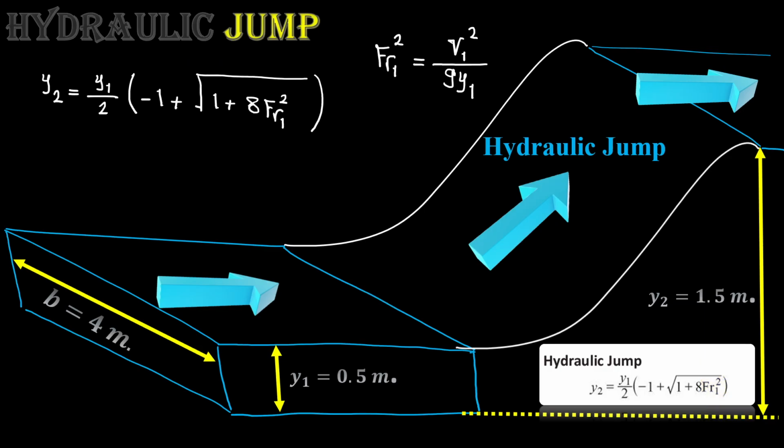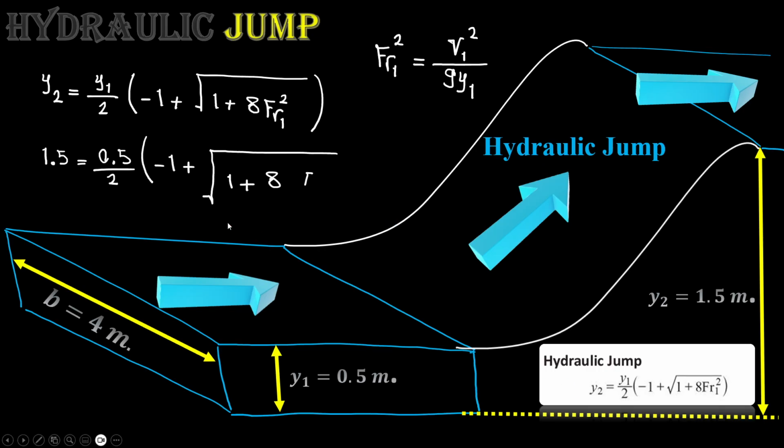So if we jot down our equation again and replace the variables with the numeric values: y2, the height after the jump, is equal to 1.5 meters, and y1 before the jump is half a meter, divided by 2 based on the formula, in parentheses minus 1 plus the square root of, replacing the Froude number in this equation, 8 times V1 squared over g, where g is 9.81 in SI units, times y1, which is 0.5 meters.